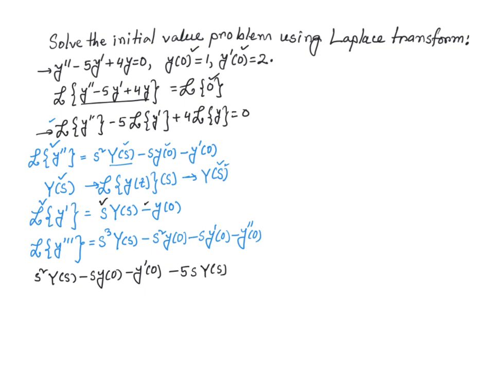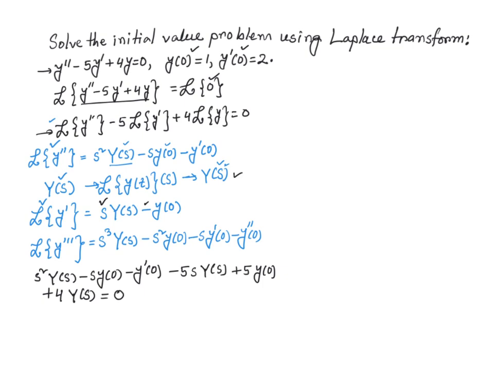Negative and negative is going to make it positive, plus 5 times y of 0. Okay. And then plus 4 times y of s, because Laplace transform of y is denoted by uppercase y of s. This is just a convention for convenience purposes, okay? So all of this is equal to 0.